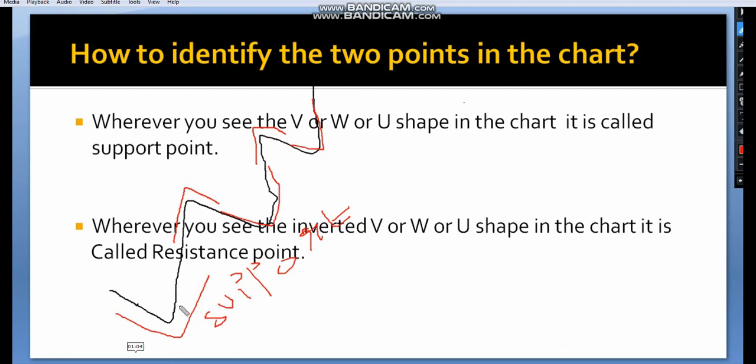Wherever we see inverted V, those areas are called resistance. These all are called resistance. R1. This is resistance 2. These all are resistance. These all are support.